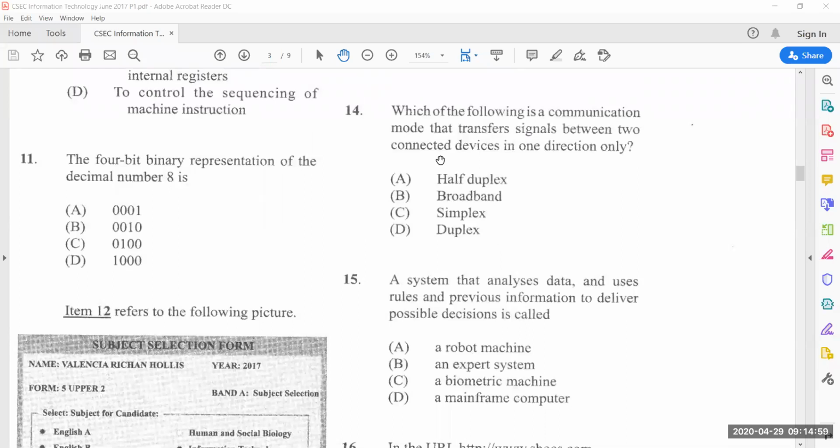Which of the following is a communication mode that transfers signals between two connected devices in one direction only?